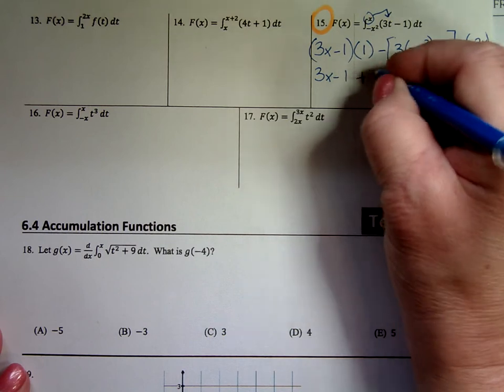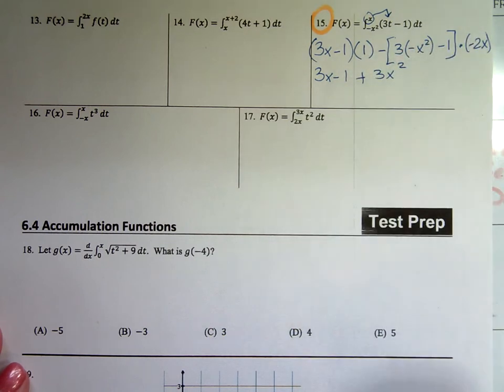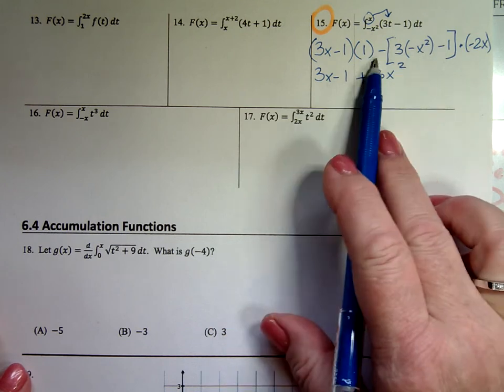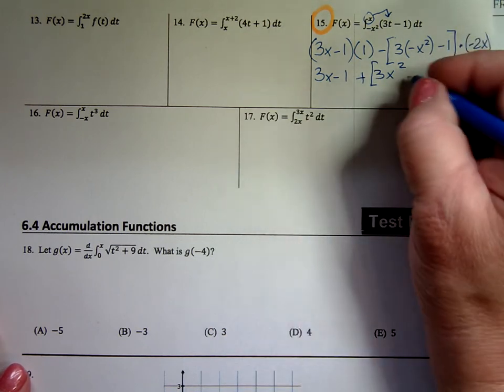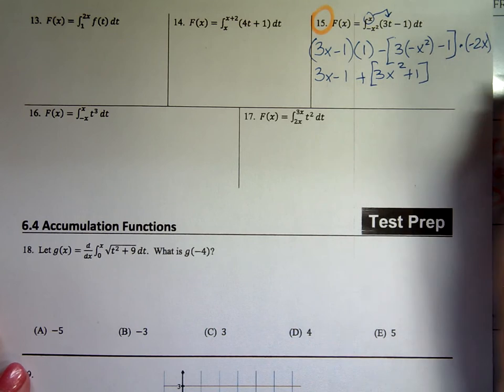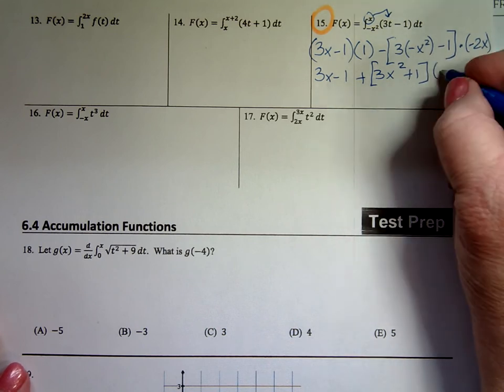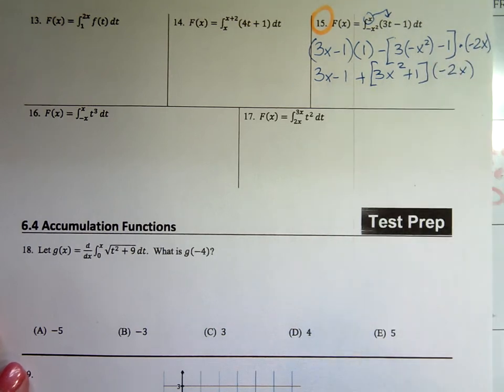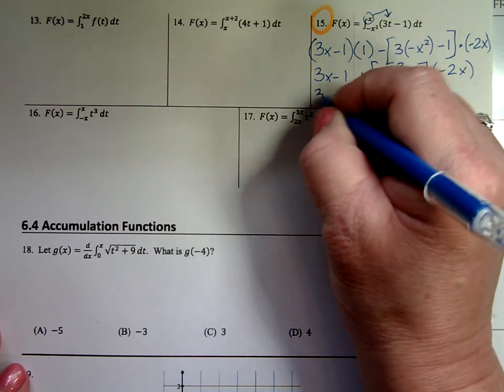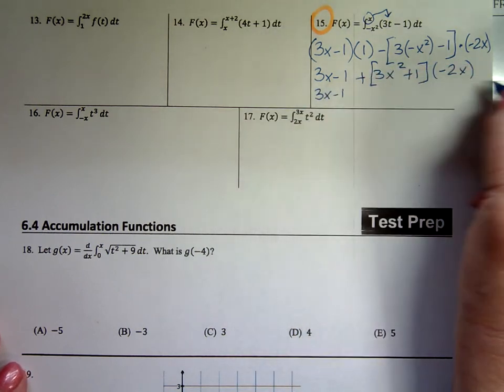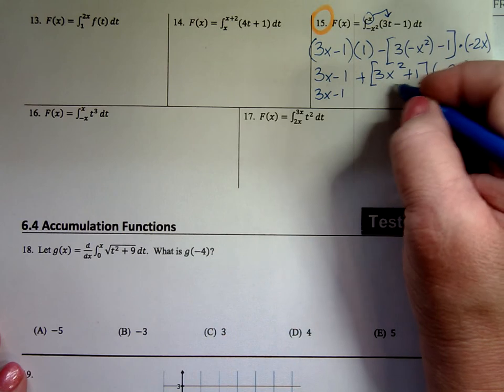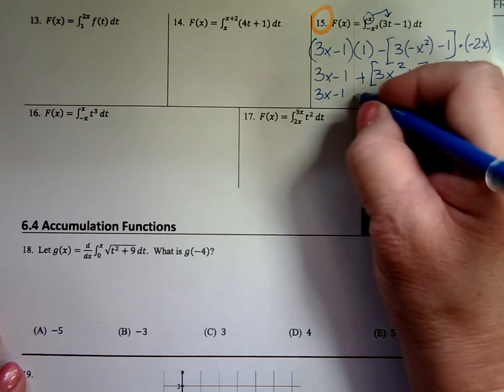makes this plus a 3x squared. Actually, I should keep it in parentheses for a minute. A negative negative 1 makes this plus 1. And the reason why I kept that in parentheses is because now I need to multiply it by a negative 2x. So, just that back part. I have 3x minus 1 in the front. I have a negative 2x times a 3x squared gives me a negative 6x cubed.